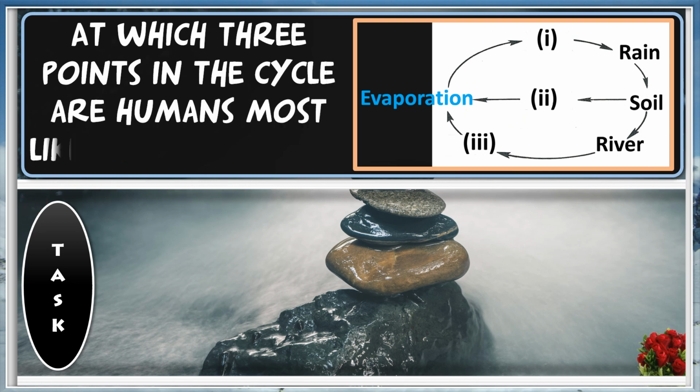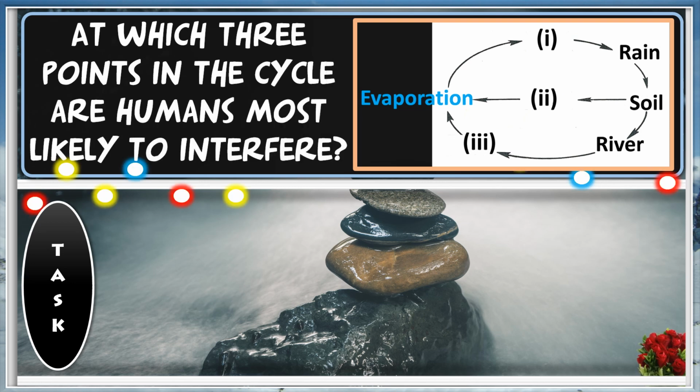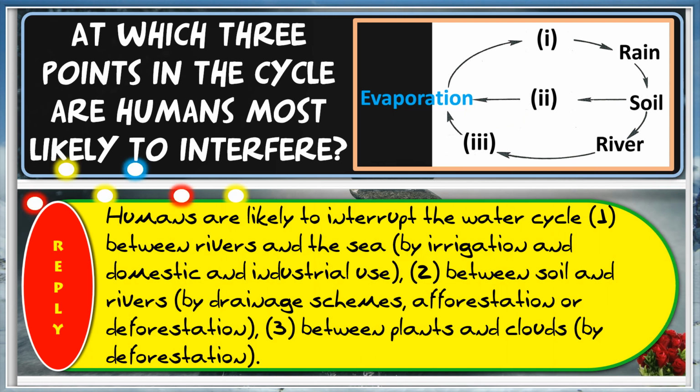At which 3 points in the cycle are humans most likely to interfere? Humans are likely to interfere with the water cycle in part 1, between rivers and sea, by irrigation and domestic and industrial usage. 2.